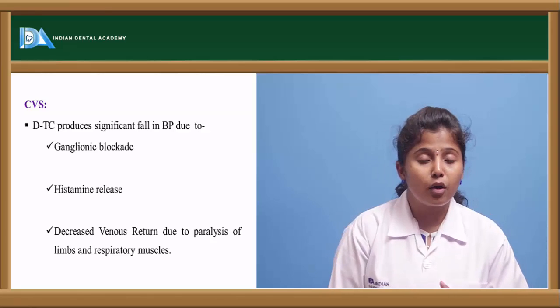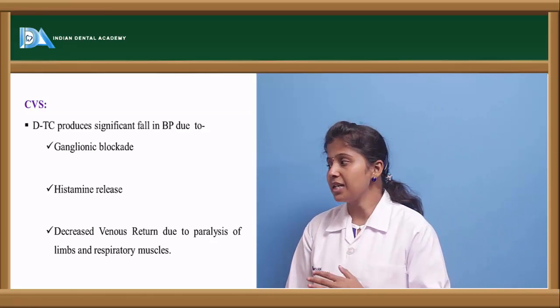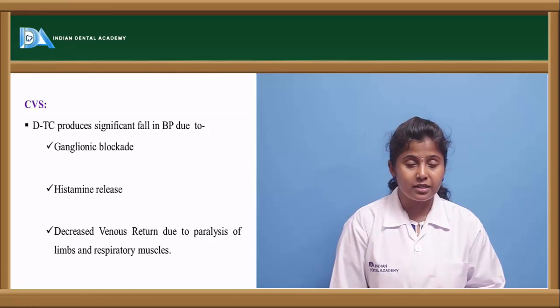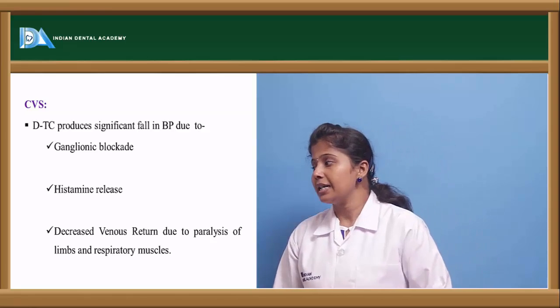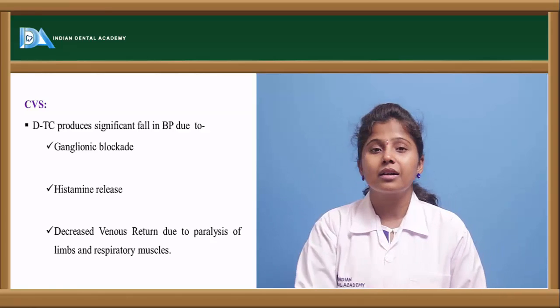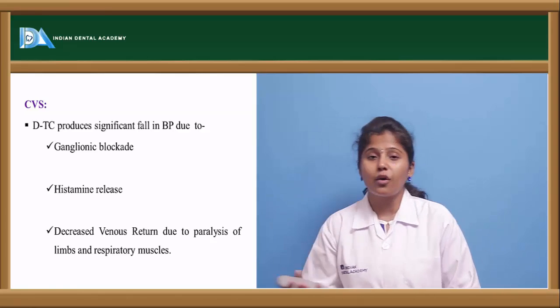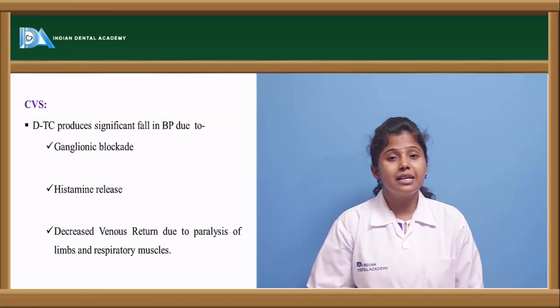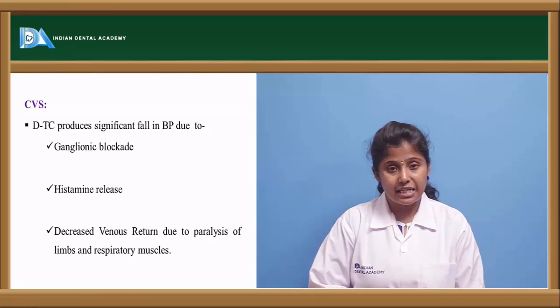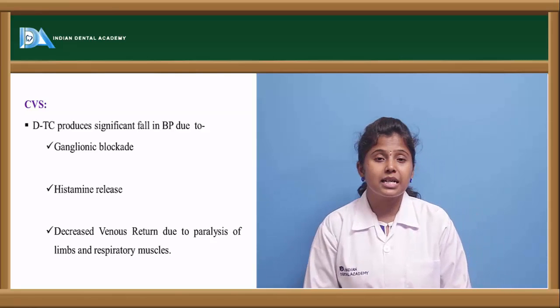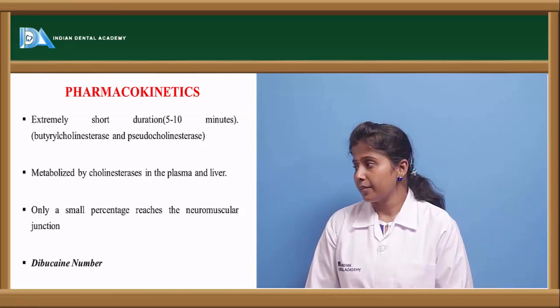So it causes blockage of the ganglionic receptors, and histamine is released. We saw histamine is released by D-tubocurarine, and it decreases the venous return. Because of the paralysis of the respiratory muscles, the venous return of deoxygenated blood through the veins is decreased. Because of all these reasons, there occurs a fall in blood pressure.